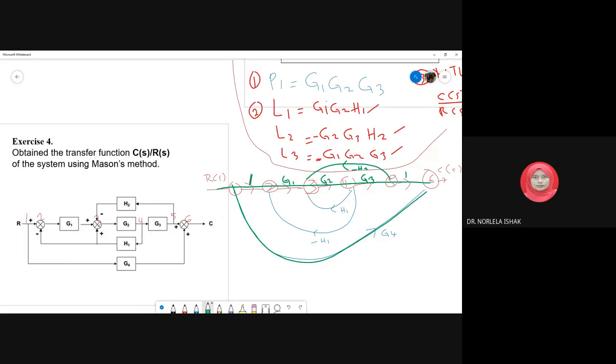This is your P2, and then just now is your P1. Okay. How many loop gain? 3.